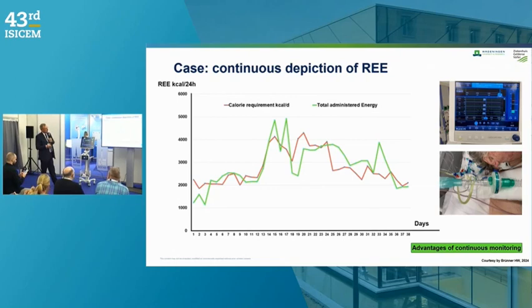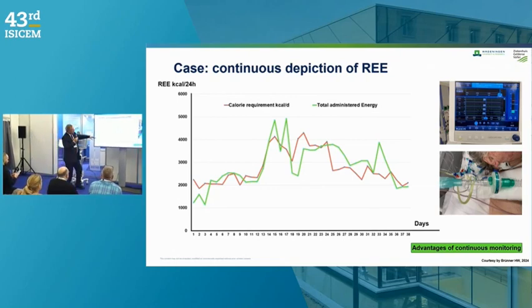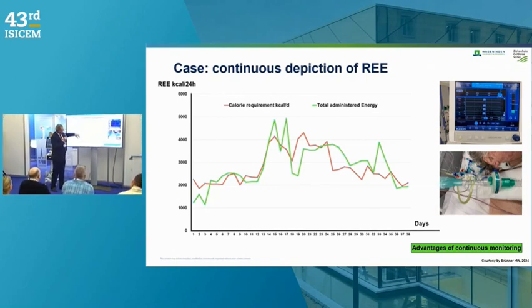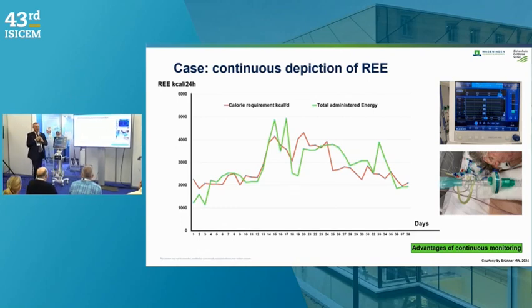So that's one way. Another one could be, you talked about septic episodes. Sometimes you already see on a continuous monitor that the energy expenditure goes up before the patients become febrile or have clinical signs of sepsis. So it can also be an early indicator that something is wrong with your patient when the energy expenditure goes up.